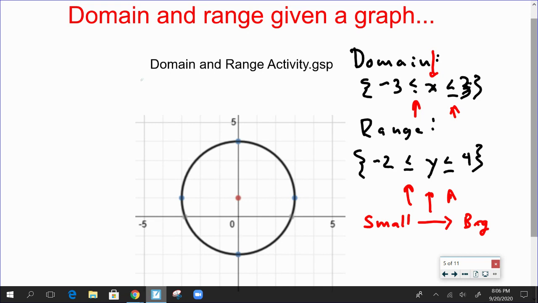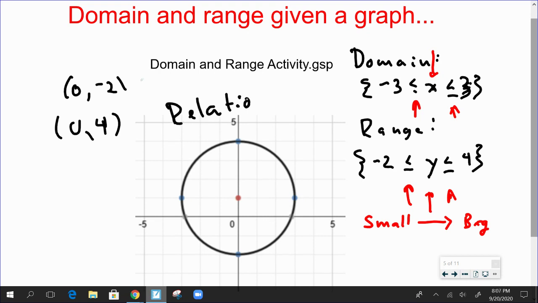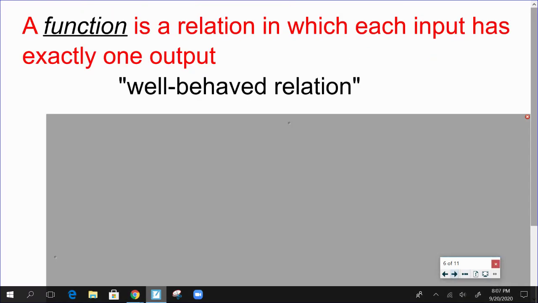Well, remember, in this case, 0 will go to -2, but then again, 0 also goes to 1, 2, 3, 4. So since this one has 2, this is just a relation and not a function. Okay, and we're going to continue to try to differentiate between those two.